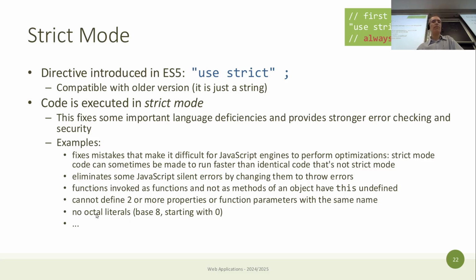For instance, just to give you an idea, if you start a number with 0 for some reason, in older JavaScript it is interpreted as an octal literal. So it means a number in base 8. So if you put a 9, it gives you an error, and you have no idea why. Okay? These kinds of behaviors are disabled, luckily.